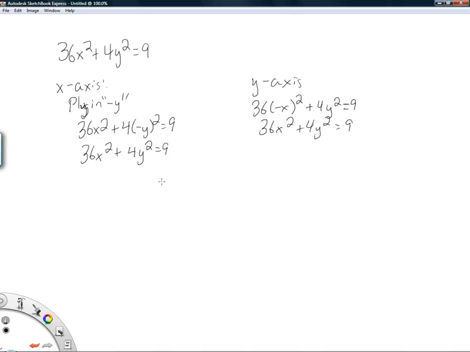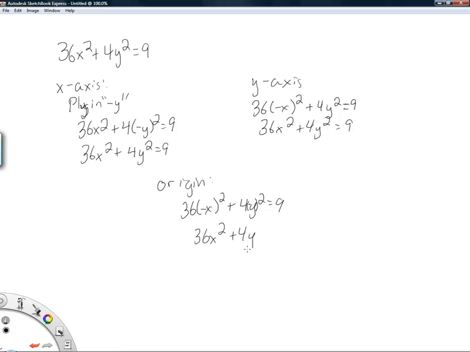And as you might imagine, if you test for the origin and you plug in the opposite of x and the opposite of y, you will see that again, that simplifies into the original.